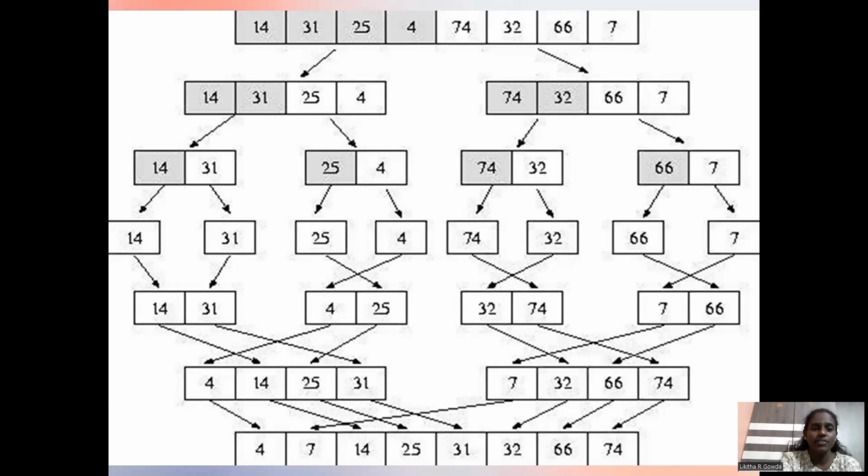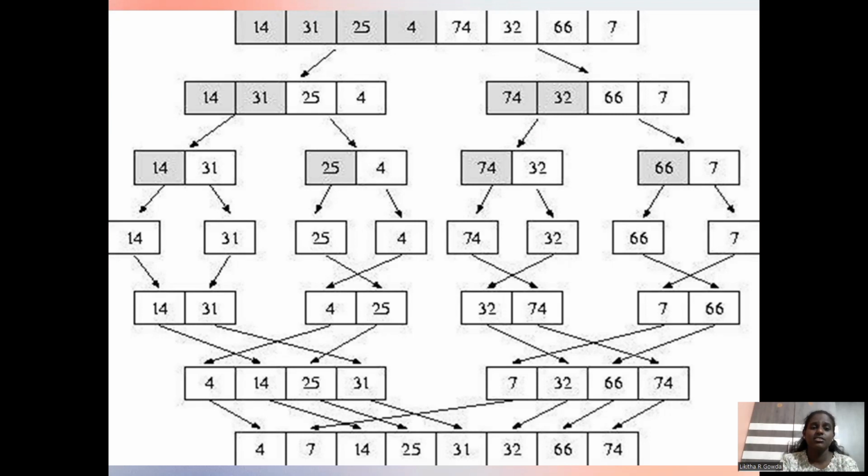For the first divided one, there are 4 elements and it subdivides into 2, 2 each. Then comes 14, 31 on one side and 25, 4 on the other side. The same follows for the other set of 4 elements. That is 74, 32 on one side and 66 and 7 on the other side.